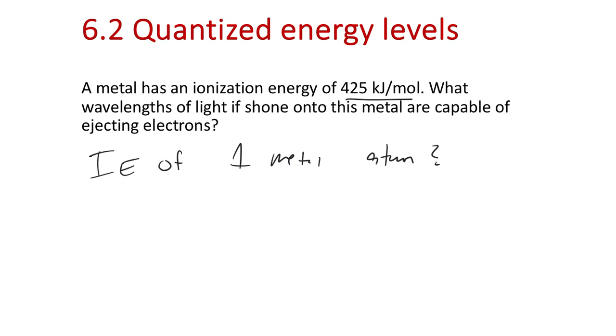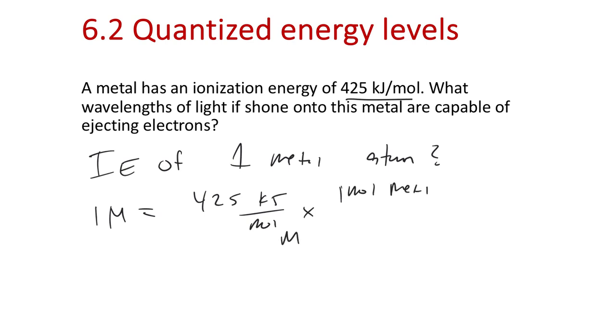Because the photons can interact with one of those atoms at a time. And so what we want to say is, what's the ionization energy of just one metal atom? Well, if it's 425 kJ per mole, I just need to do the 1 mole of that metal.